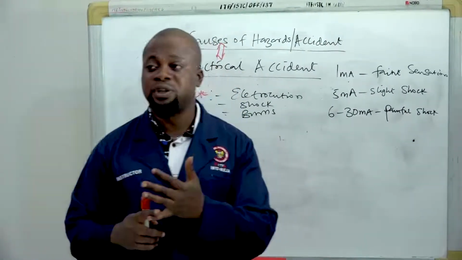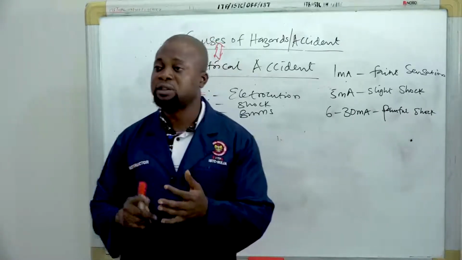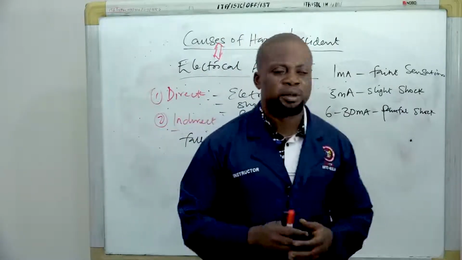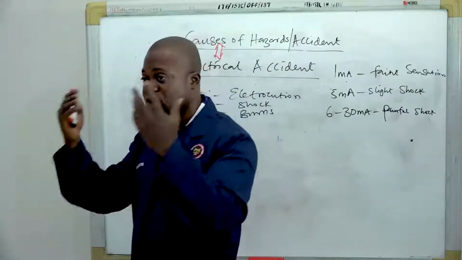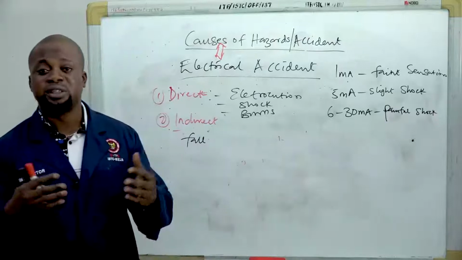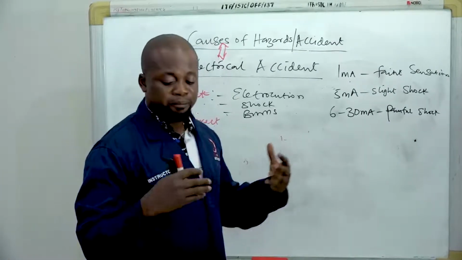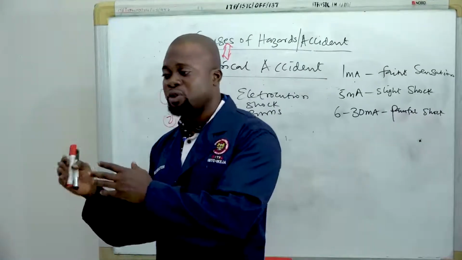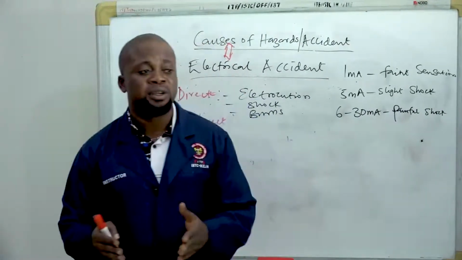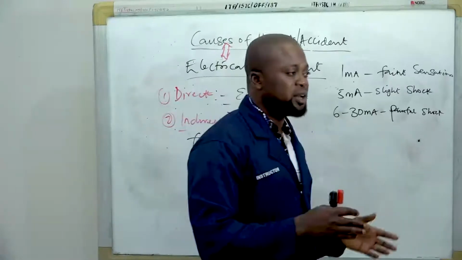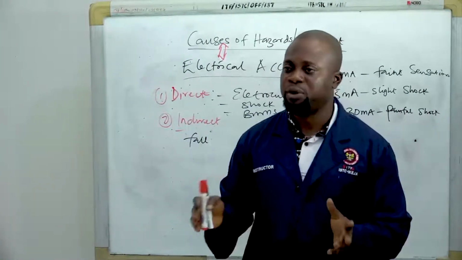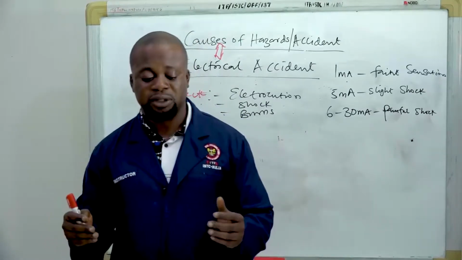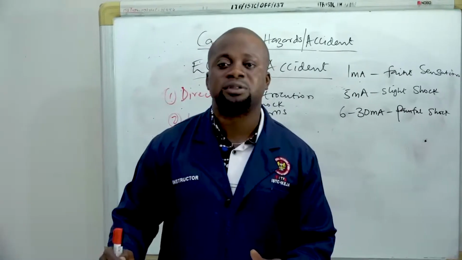We talked about lifting, lighting, violence, trips, stress, overconfidence, poor housekeeping, and mental distractions, like I've told us. All these are leading causes of hazards and accidents. So if you are working safely without getting involved in any of these leading causes, you'll be able to work free and safe. Thank you very much as we draw this lesson to a close.